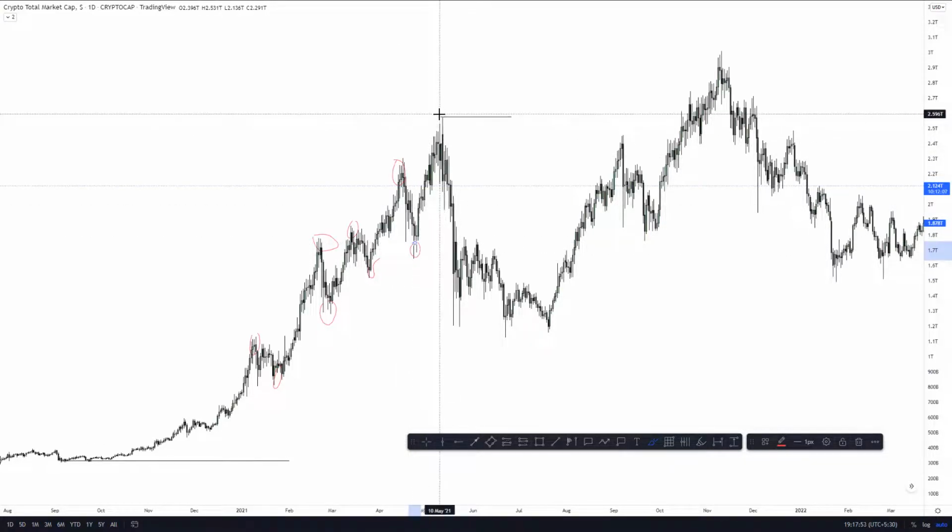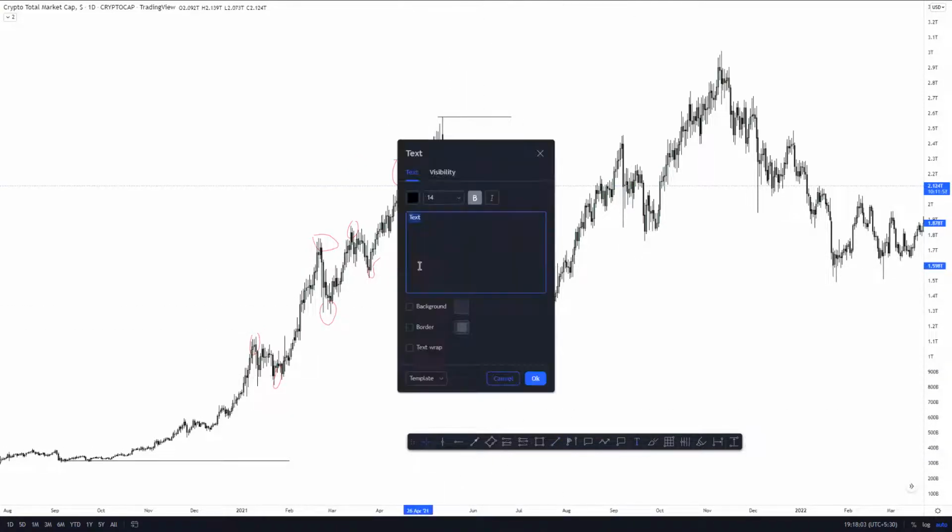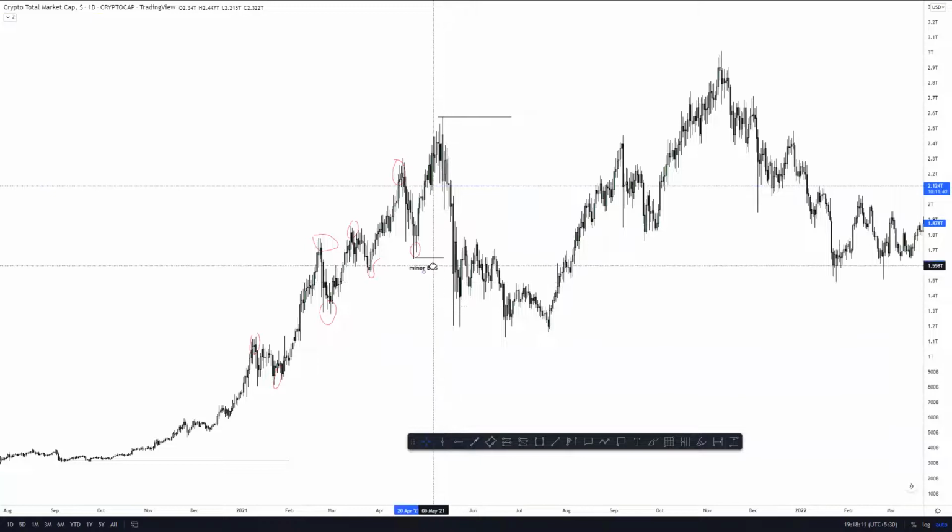And this was our last high. If this low is taken out, that's when I will call this a minor BMS, a minor break in market structure.